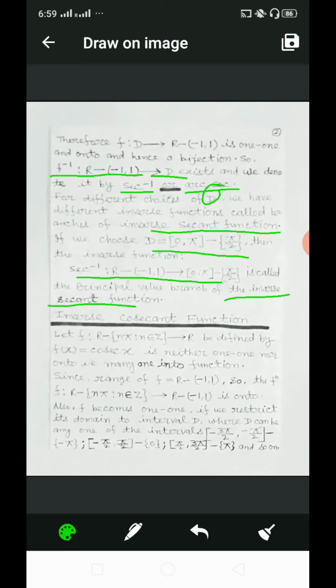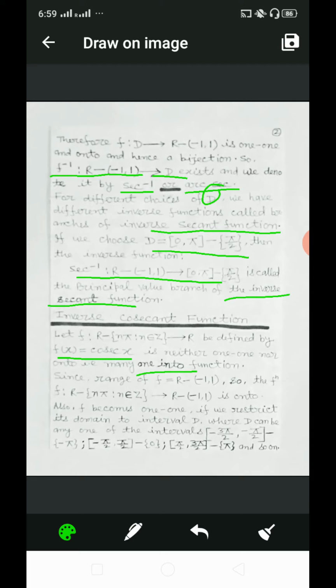Now we will discuss the inverse cosecant function. Let f from R minus nπ, where n belongs to integers, to R be defined by f(x) = cosec x. It is neither one-one nor onto, that is, it is a many-one into function.